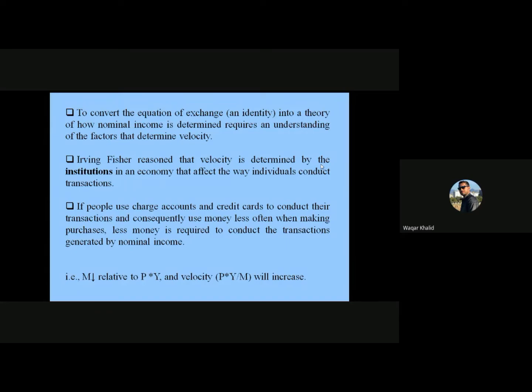This value will increase because V is equal to PY divided by M. If M decreases, V increases. So if people have less money in their hands, it means that velocity will increase. So we can say that there is a negative relationship between the money supply and the velocity of money.